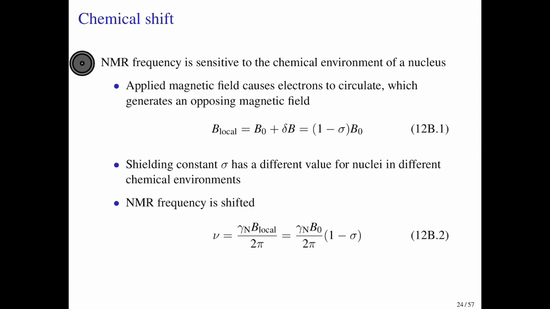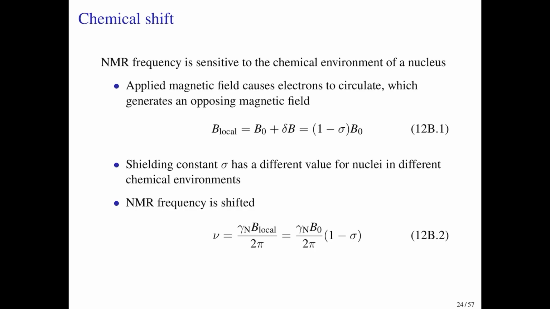So in a molecule, you have different protons. They're in different chemical environments, and the NMR frequency for those different protons will be different from each other. This allows you to identify different protons within the molecule, and that's what makes NMR so useful, that you can distinguish different types of protons in your molecular sample.